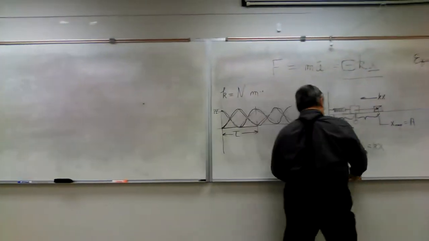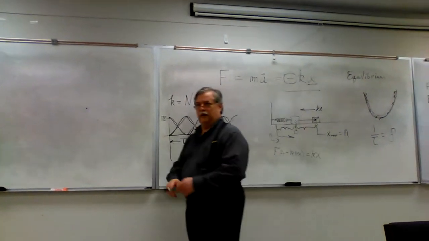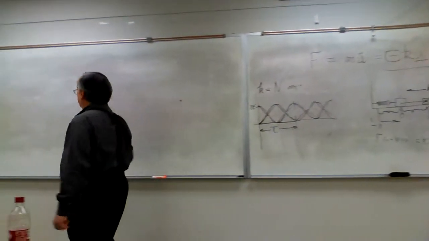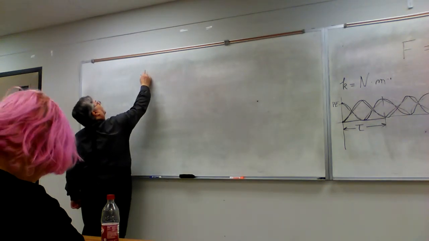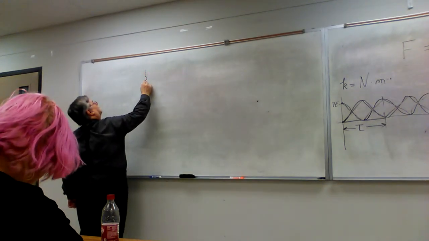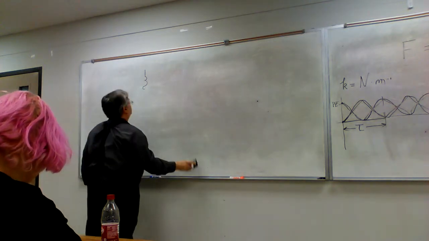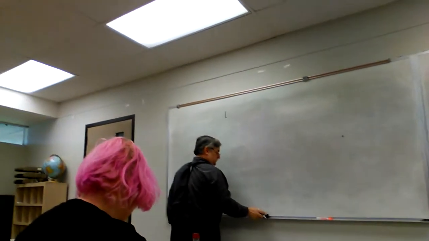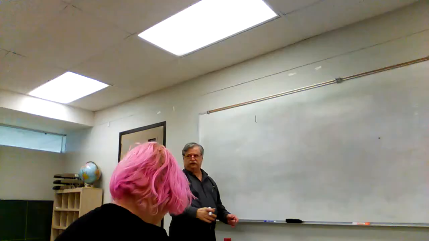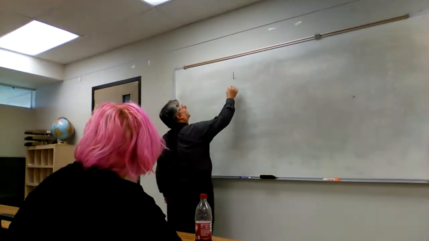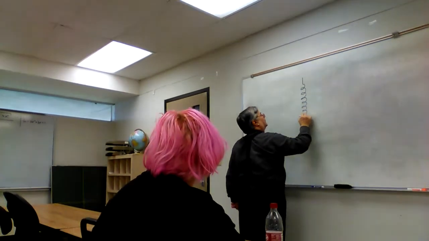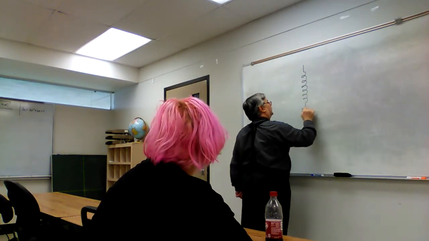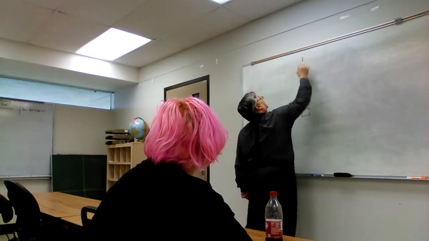We get pretty close with air hockey tables, ice skating rinks. What happens if we take that same spring, instead of setting it on a surface and hooking it to a box, we hang it from a hook in the ceiling?